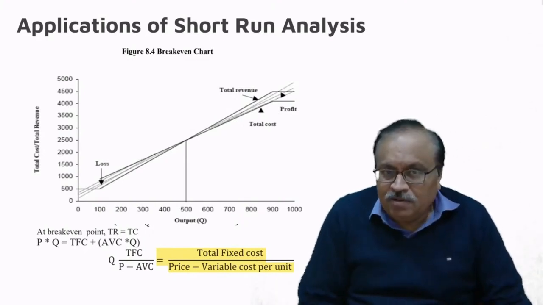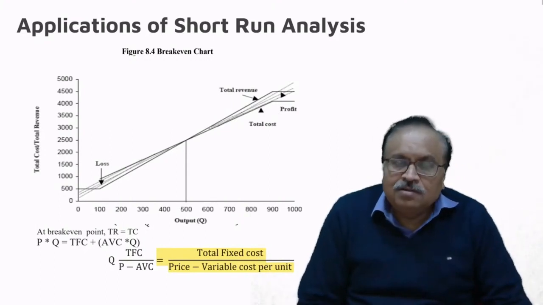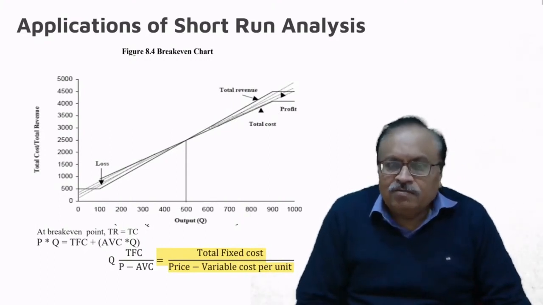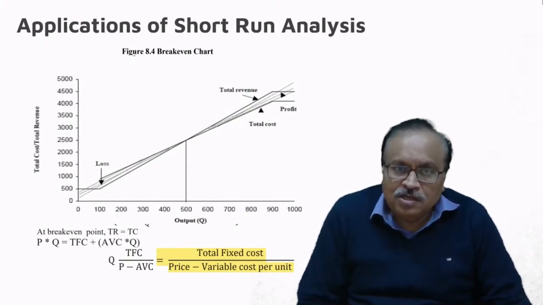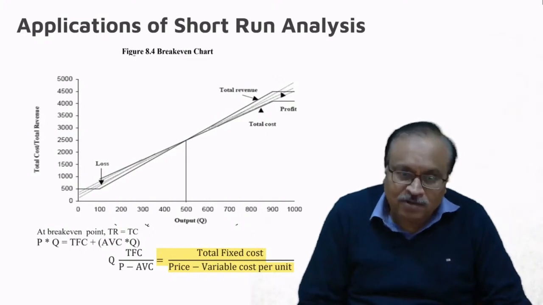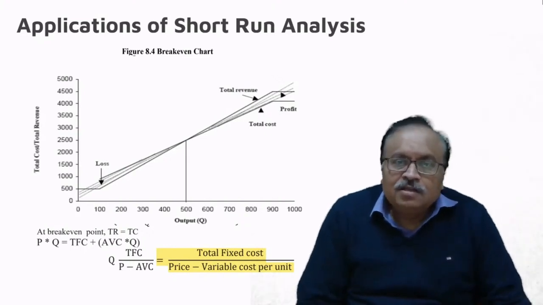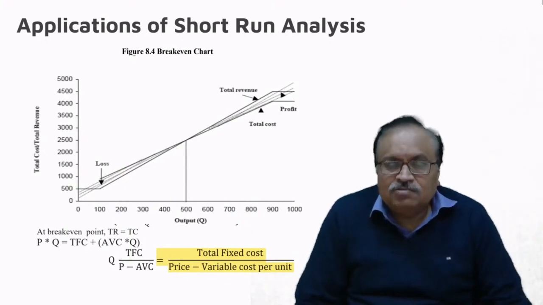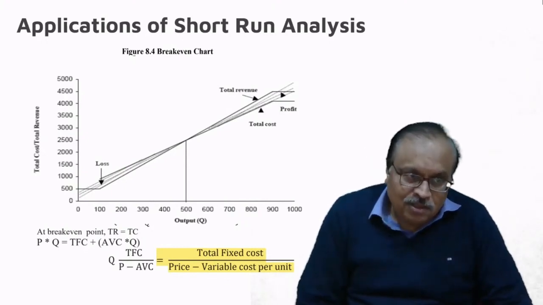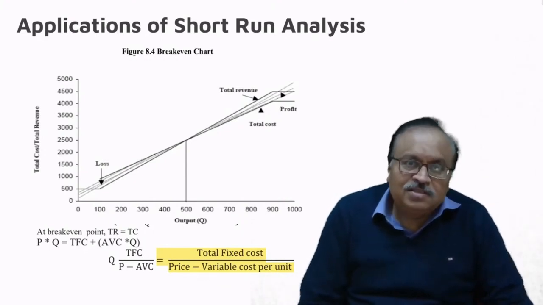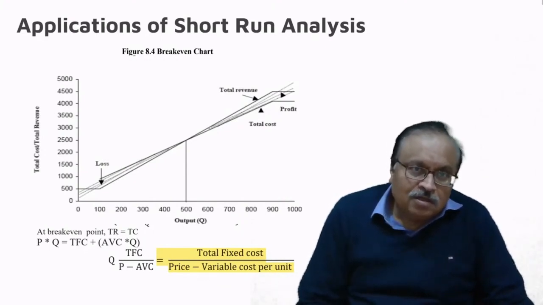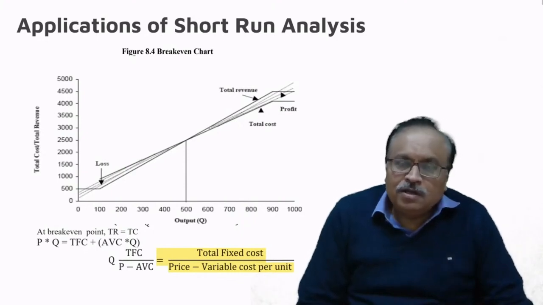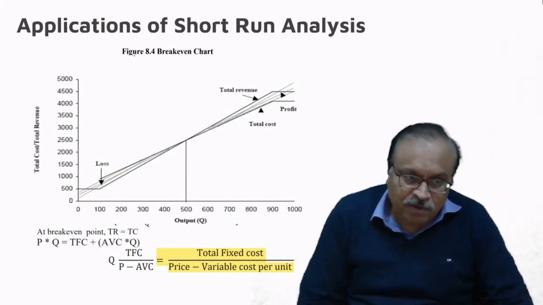Once this 500 output level is crossed, the break-even happens, and thereafter, when production increases to say 600 or 700 or 800, the revenue rises, the cost becomes less, and that's why the profit comes. This is how the break-even chart displays the relationship between the loss and the profit.